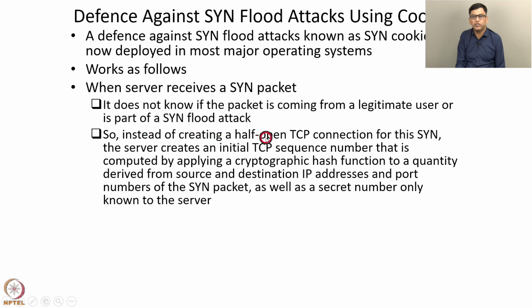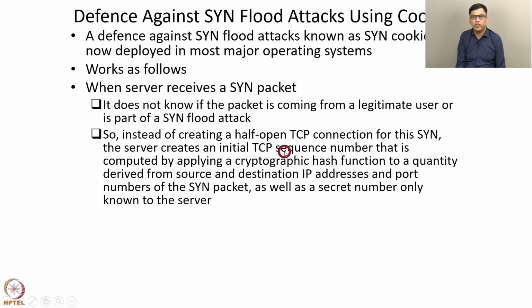The server creates an initial TCP sequence number that is computed by applying a cryptographic hash function to a quantity derived from the following fields: the source IP address, the destination IP address, and the port numbers of the SYN packet, as well as a secret number that is only known to the server. So when the server receives a SYN packet, it does not create a half-open TCP connection for this SYN.